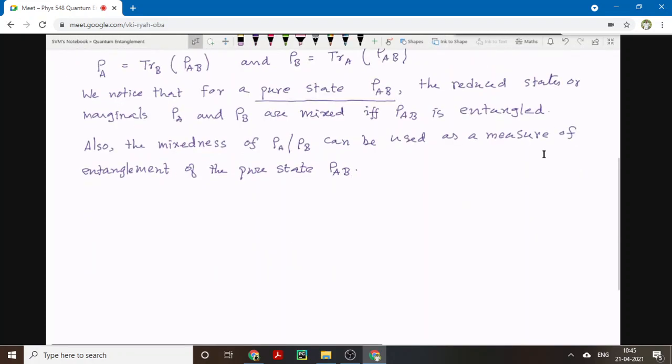Now, how to find out that mixedness? So we measure the mixedness.